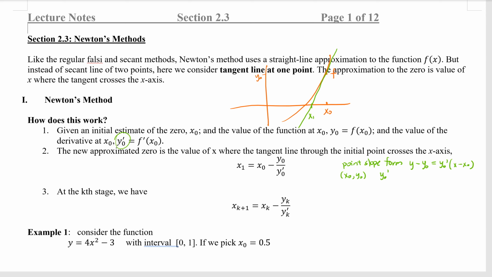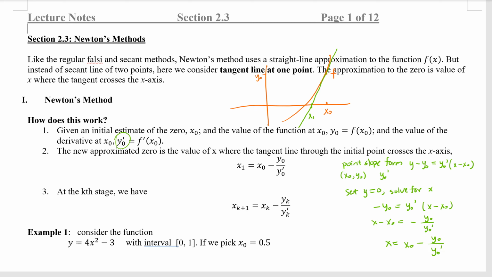And we want to find the x-intercept. So we set y equals 0, and we want to solve for x. Then we have minus y0 equals y0 prime times x minus x0. Then x minus x0 equals minus y0 over y0 prime. And then x is, adding x0 to both sides, x0 minus y0 over y0 prime.